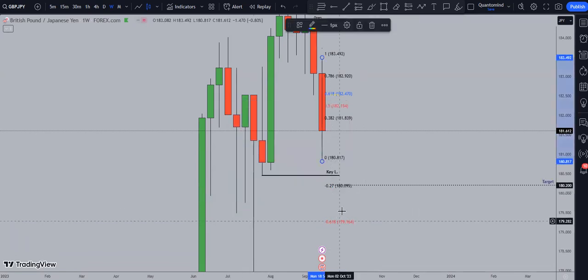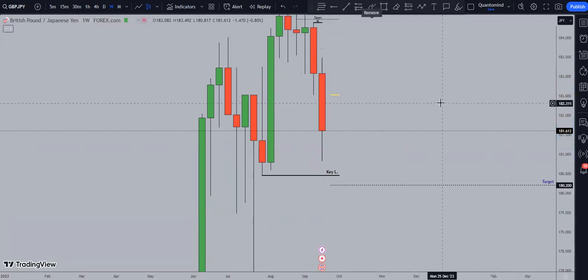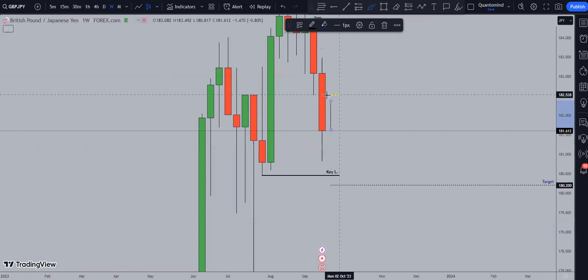These targets signify a potential pullback, meaning that if the market decides to go up, this is the next target for the market to fail.